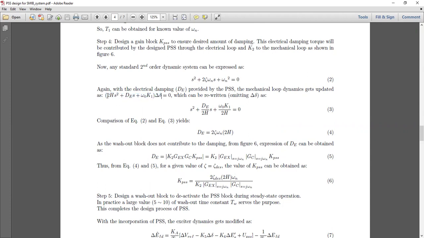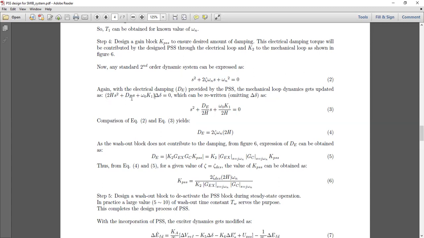You can clearly see that again we are assuming del PM is equal to 0, but del delta is not 0. So we can divide both sides by del delta like before, as we did in step number 1. But now the change is here: we have some additional damping provided by the PSS. This is the DE, and you can see 2H s squared plus DE s plus omega 0 K1.